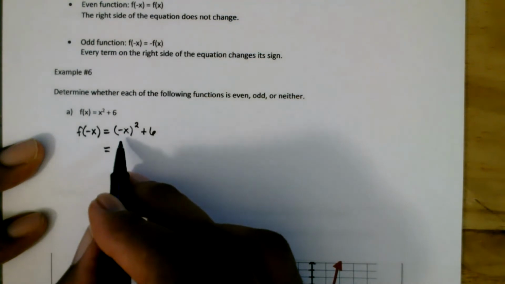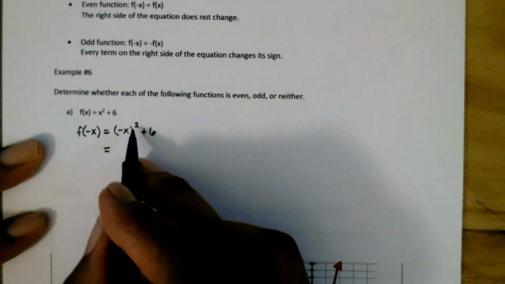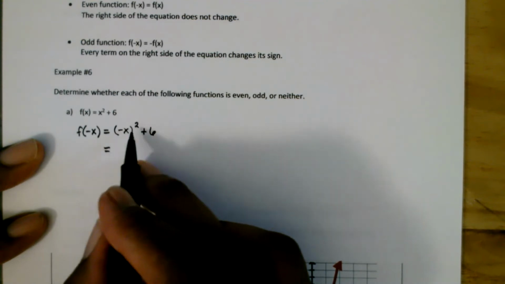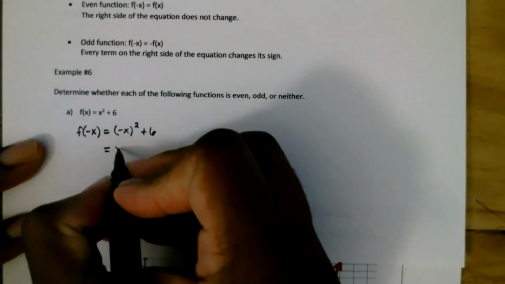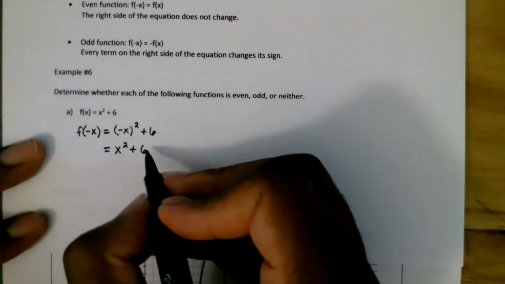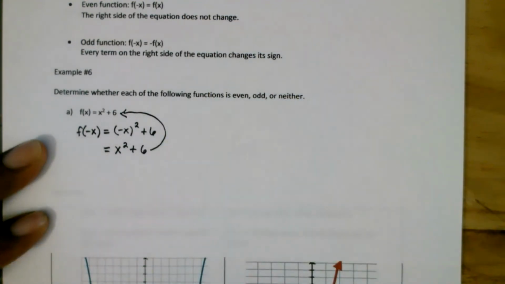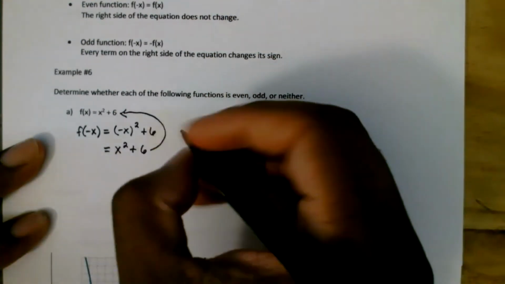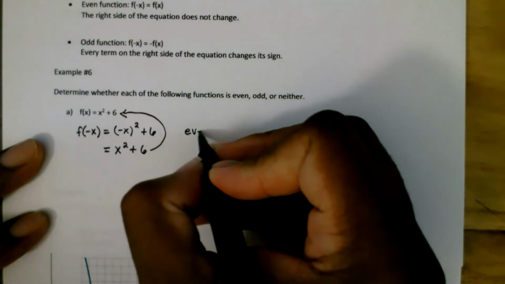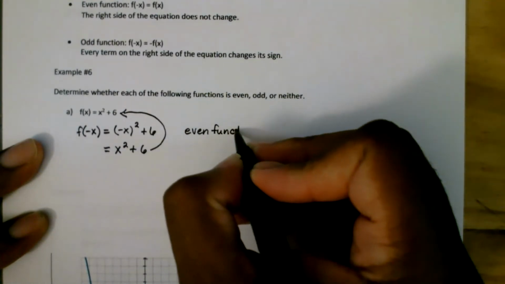And now a negative squared will be positive. So negative x squared is negative x times negative x, which is going to be x squared plus 6. Compare that to what f of x is. It's exactly the same. I did get the original function that I started off with. So this is considered to be an even function.